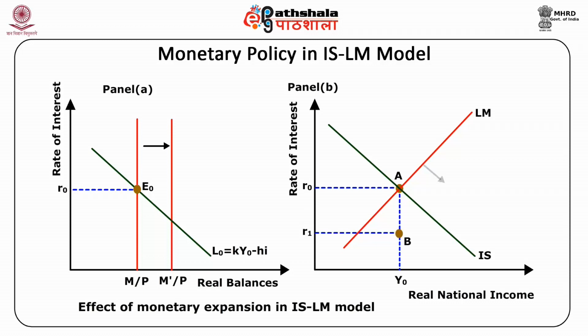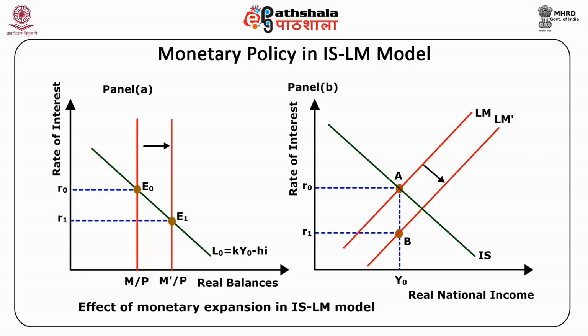This is shown by the shift in the LM curve with the lower interest rate at the same level of income Y0. So, the rapid interest rate adjustment causes the money market equilibrium to establish again immediately at E1. The point corresponding to this new equilibrium is point B at interest rate R1 and income Y0.